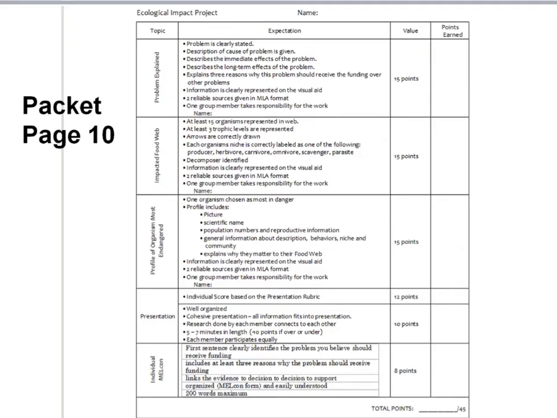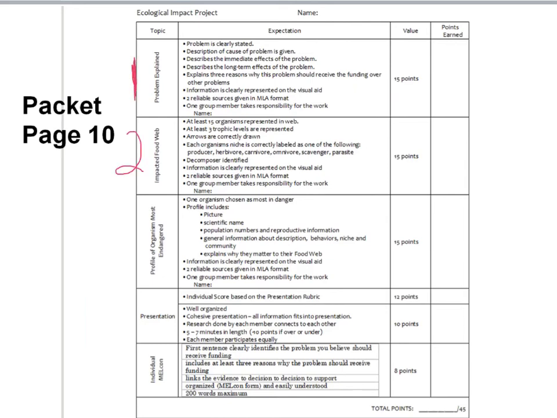Now, let's take a look at the rubric. You're going to have about 45 minutes, or one period of each class, to do research in class, and then you're probably going to have to work outside of the class as well. If you're in a group of 3 people, this is how I want you to break it down. One person is going to explain the problem.